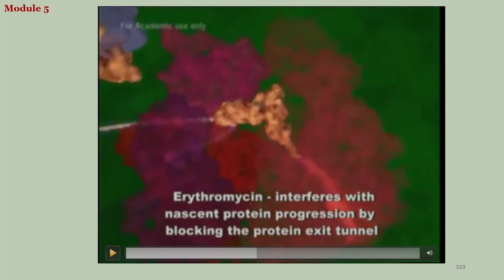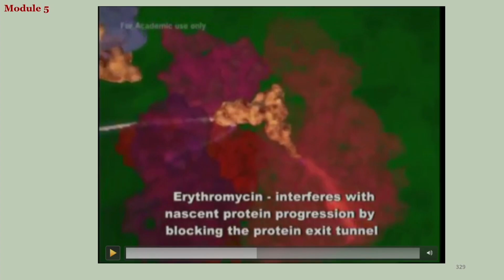Third one is erythromycin, another very popular antibiotic that you know of. What it does? It interferes with nascent protein progression by blocking the protein exit tunnel. So in this case, it allows the full protein to be synthesized, but after the protein synthesis happens, the protein has to be detached out of the ribosome and comes out of the tunnel or comes out of the cavity.